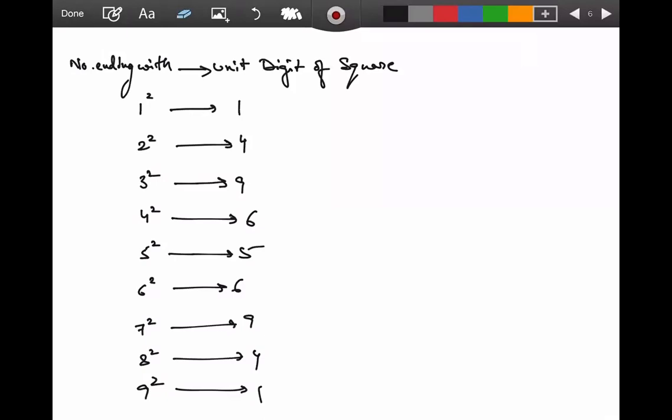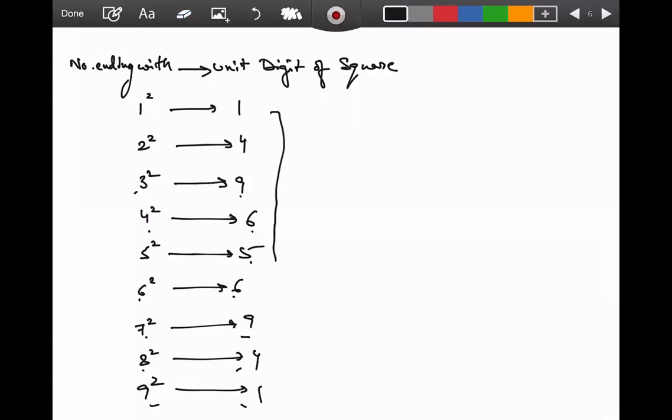Whenever a number ends with 1 and you find the square of that number, the answer will always end with 1. For example, 11 square is 121. 12 square is 144, always ends with 4. 3 square 9, 4 square 16, so 6, 5 square 25, 6 square 36, 7 square 49, 8 square 64, 9 square 81.